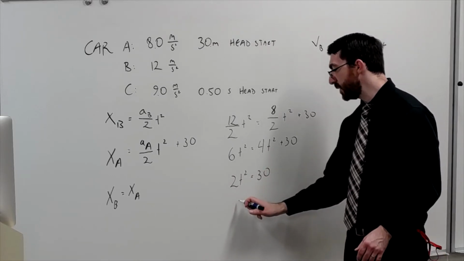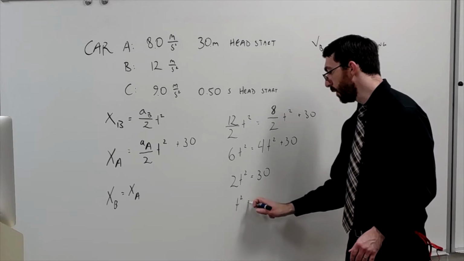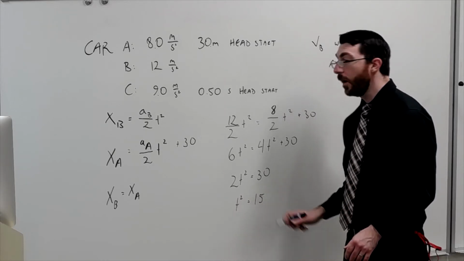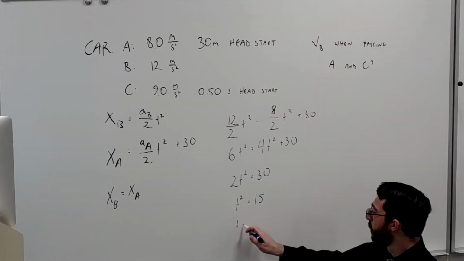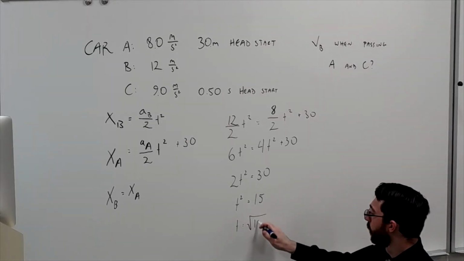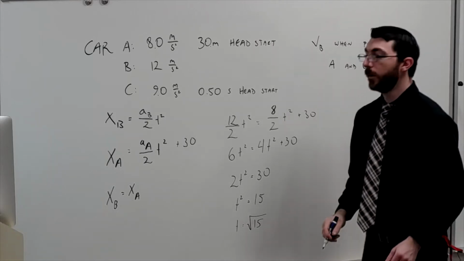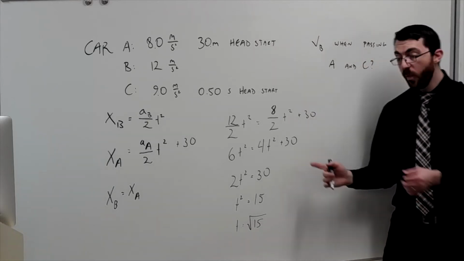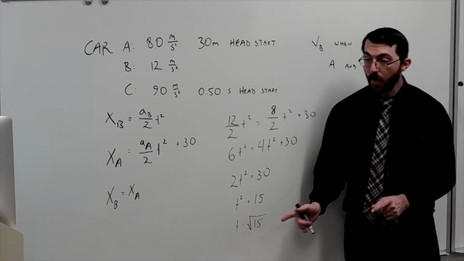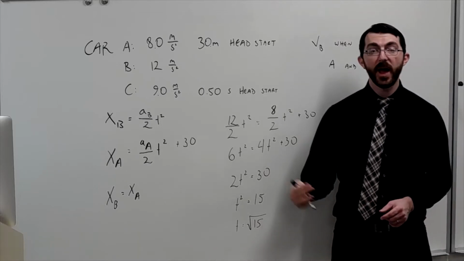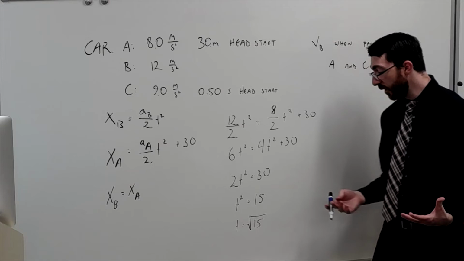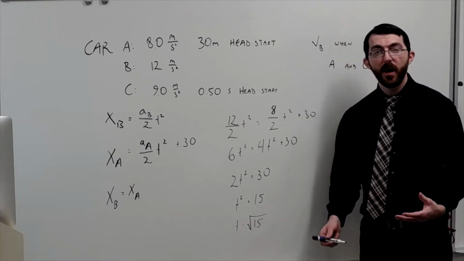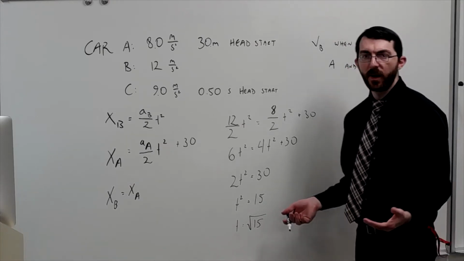Divide both sides by 2. And square root. Alright, now knowing when car B passed car A, now I can figure out how fast car B was going using that time. I'll get a decimal approximation at the end.